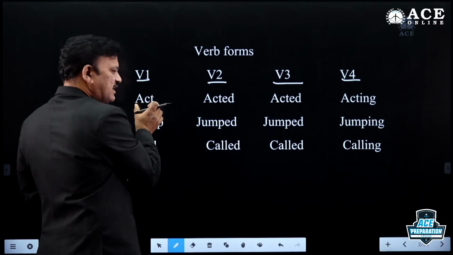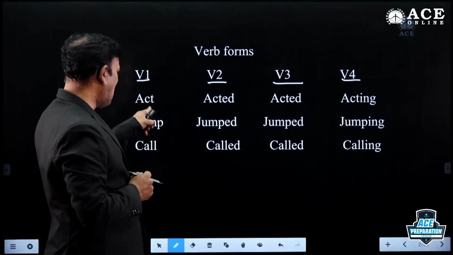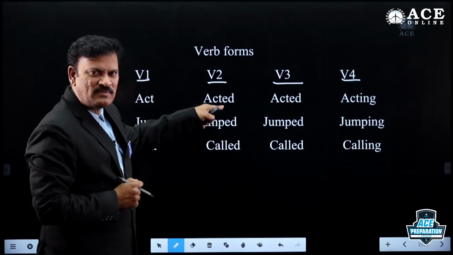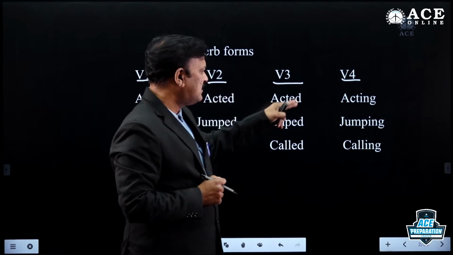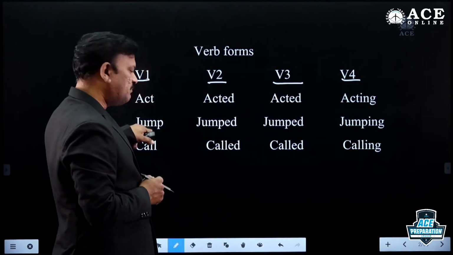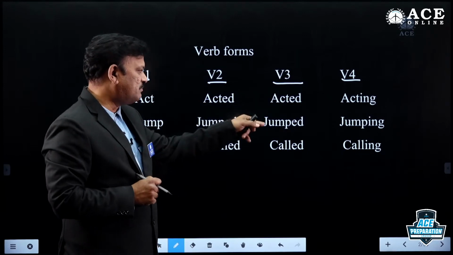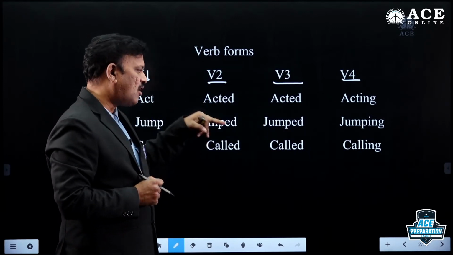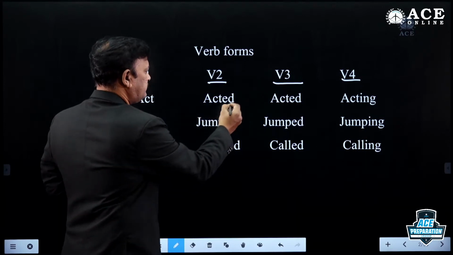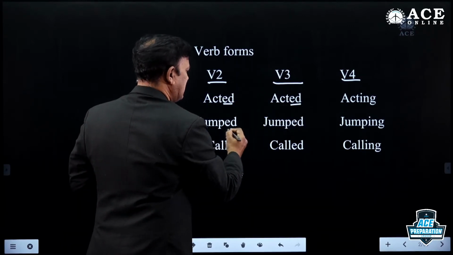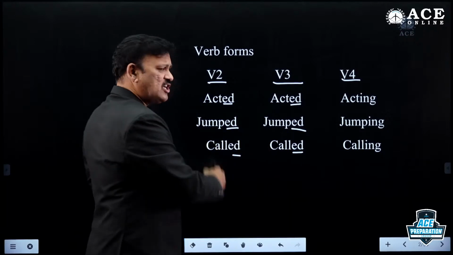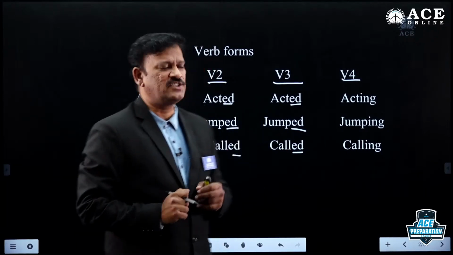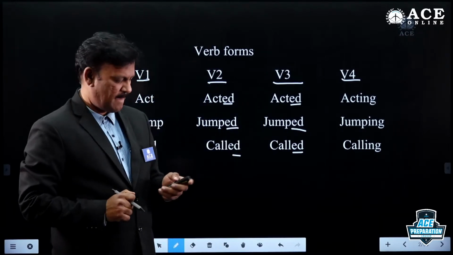Present form, if I take a verb, act: acted, acted, acting. Jump, jumped, jumped, jumping. Call, called, called, calling. If you guys observe, ed, ed, ed. The majority of verbs in English fall into this category.